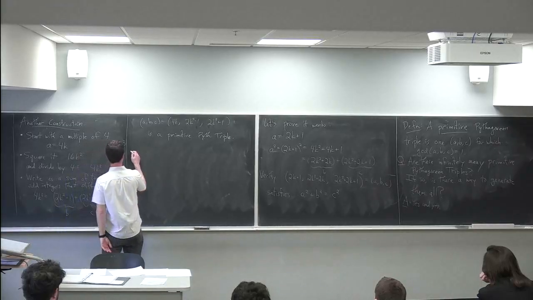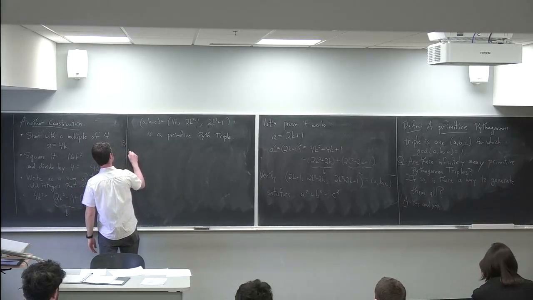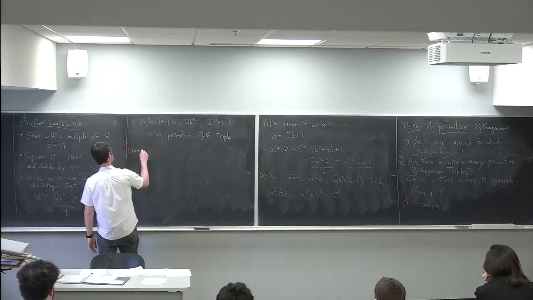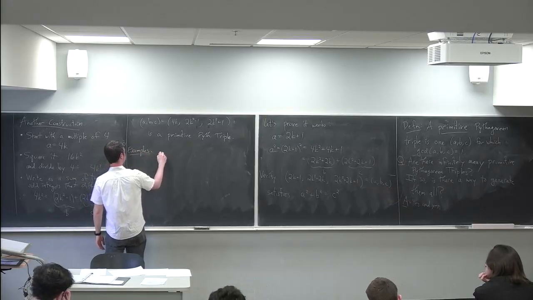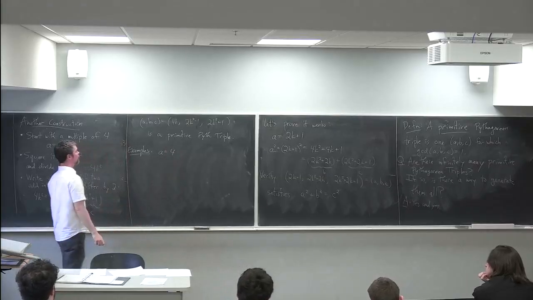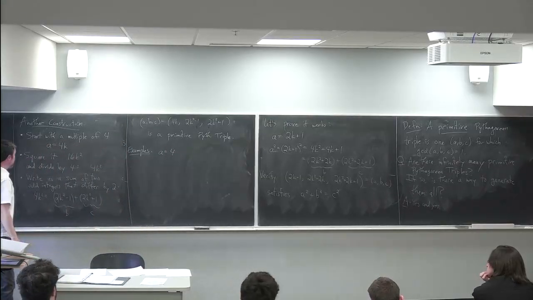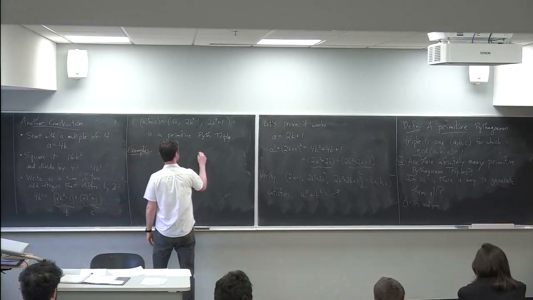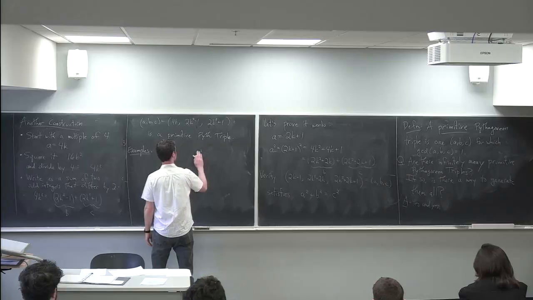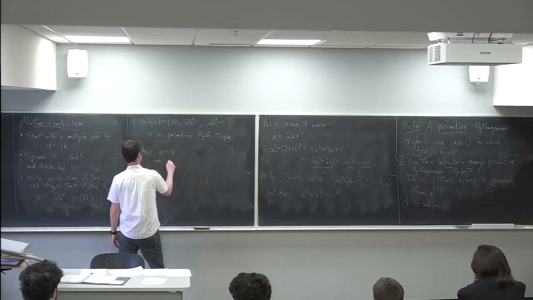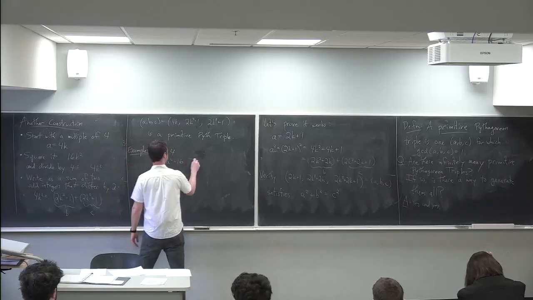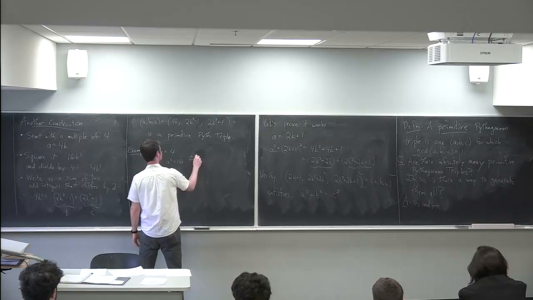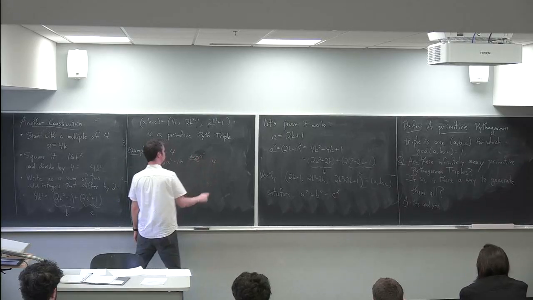But if you wanted to see a couple of quick examples, you could take, say, the number 4, right? And then what we said was square it and divide by 4. So a squared is 16, and you divide by 4, and you're back at 4.